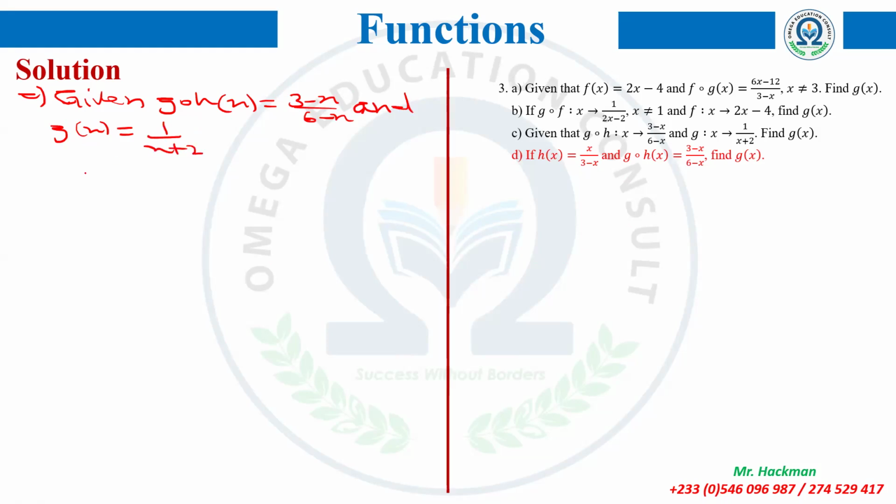At this point, I need to find g of x. G of x is the outer function. There is an error here, it's supposed to be h of x. Other than that, you know g of x. Let me quickly effect the change before I send it to you.